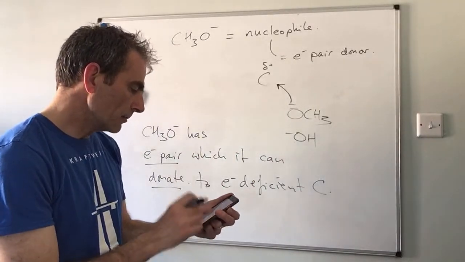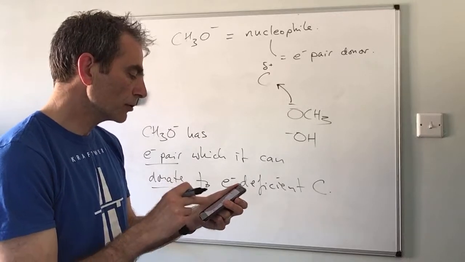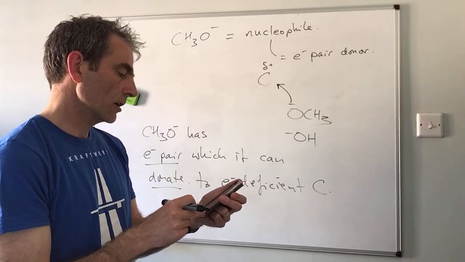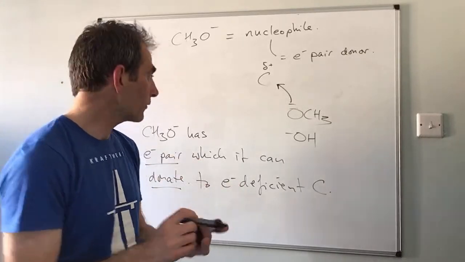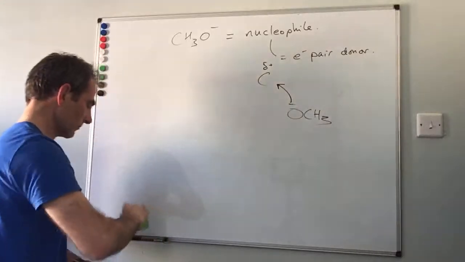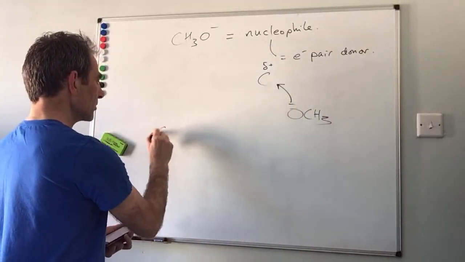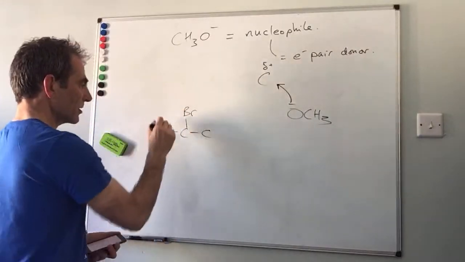And then the second part of the question: show the mechanism for the reaction between 2-bromopropane and the methoxide ion. Include relevant dipoles, curly arrows, and clearly show the structure of your organic product. Right, so 2-bromopropane. Keep forgetting this is magnetic. 2-bromopropane, 1, 2, 3, Br on carbon number 2.